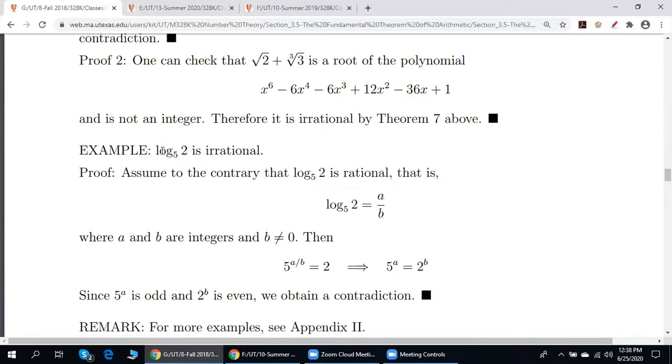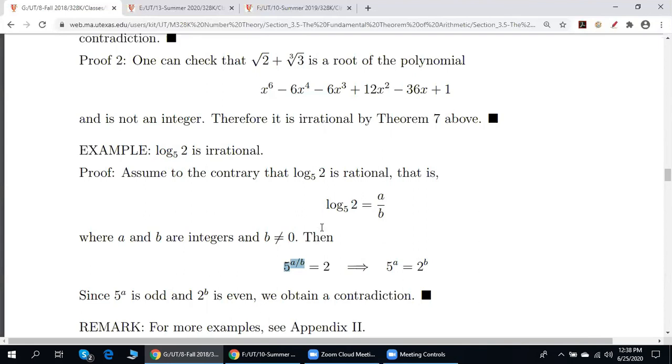In order to prove that it is irrational, we use the following argument: assume to the contrary that it is rational, and then raise 5 to the power of the left-hand side and the right-hand side. The right-hand side becomes 5 to the power a over b. Done.